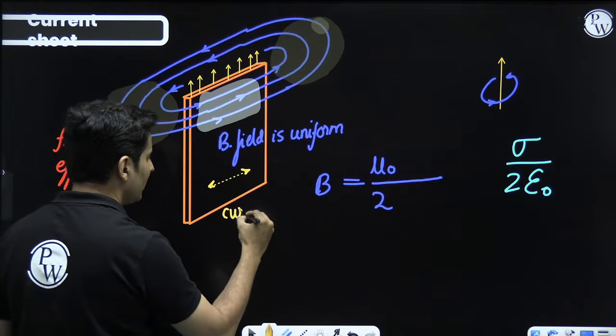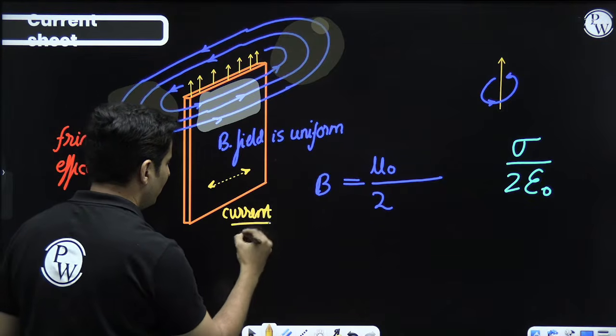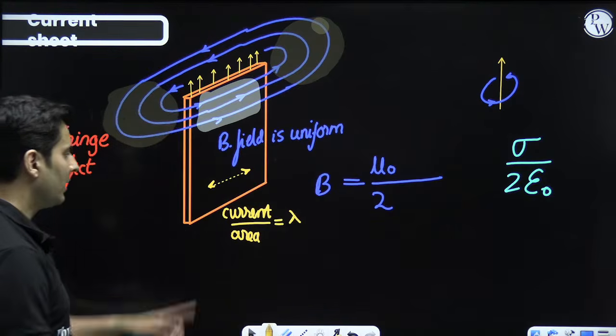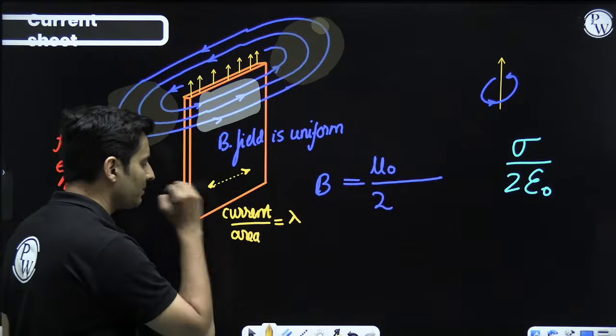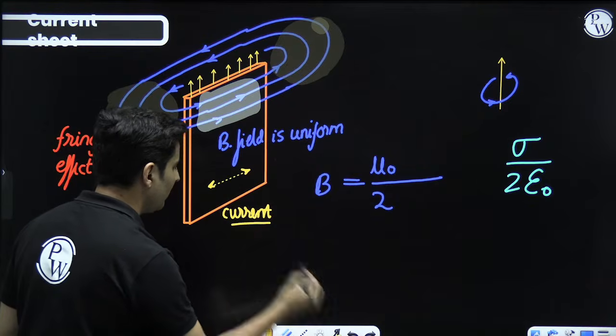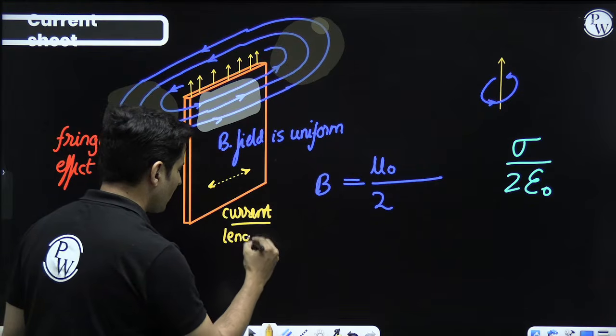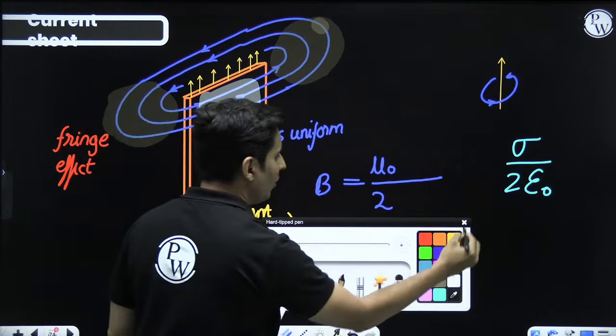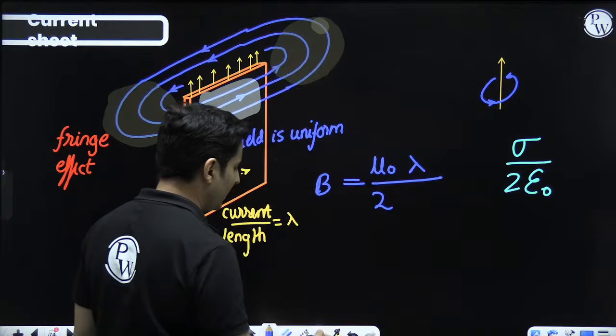That current per unit length, my bad, I wrote area again, is basically lambda. So here what I write is lambda, my dear.